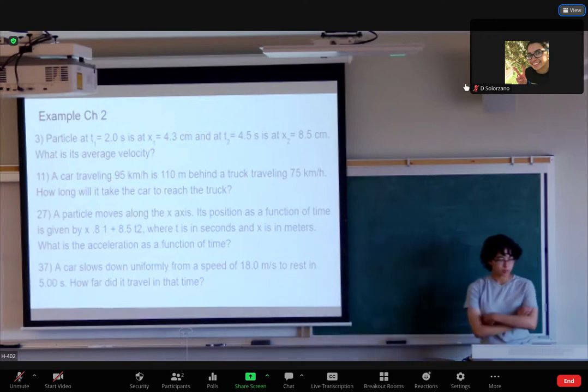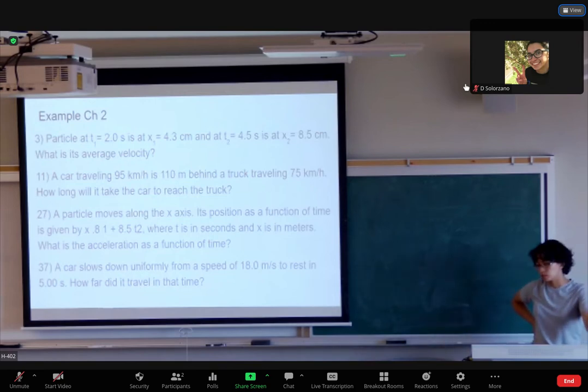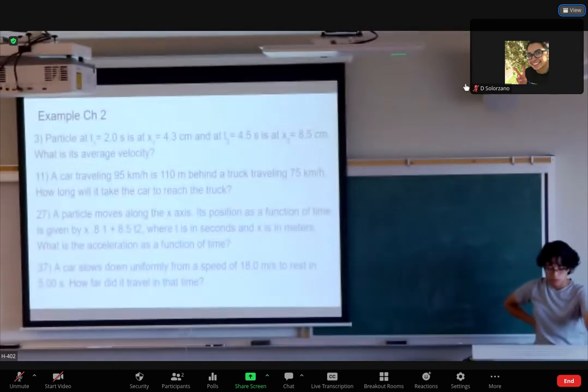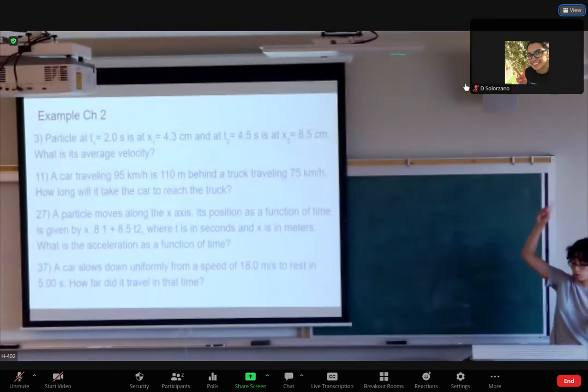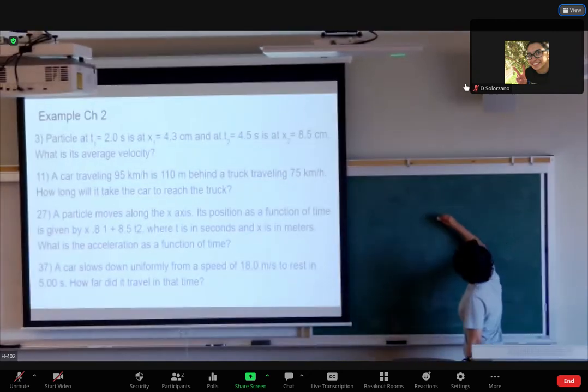So let's see, which one here haven't we done? Okay, so this first one is a lot like the ones we were doing at the beginning, right? That one's actually very simple. You're just going to plug into the average velocity equation.